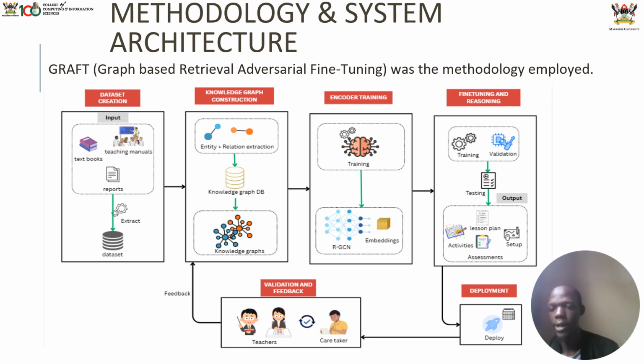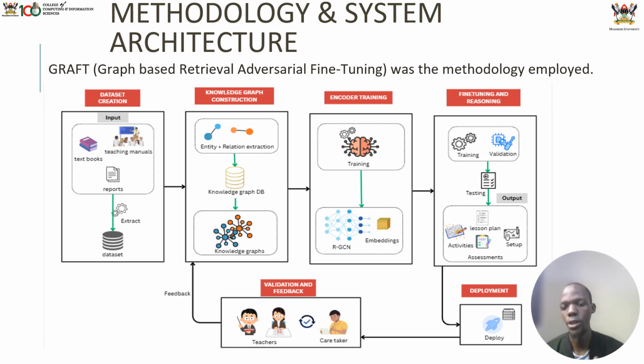For our case it was customized data, because we didn't have ready datasets. So we customized our data by fetching different documents from the NCDC, different PDFs concerning different teaching methodologies and different intellectual disabilities.